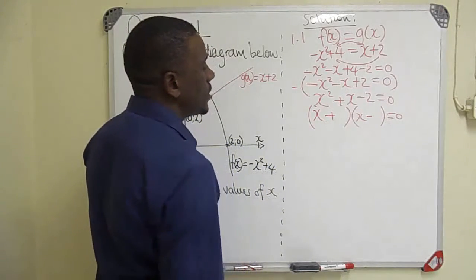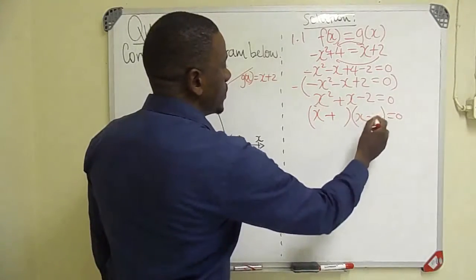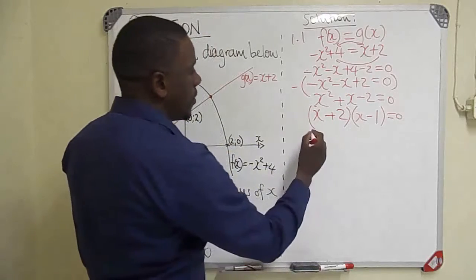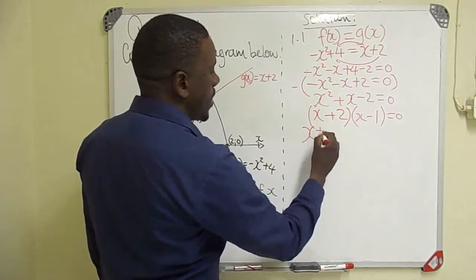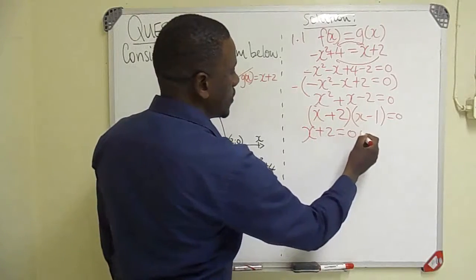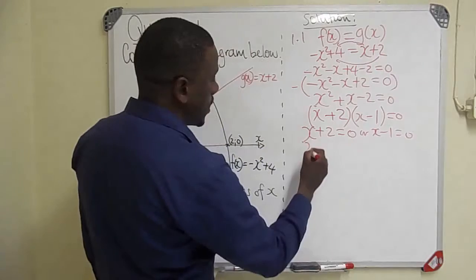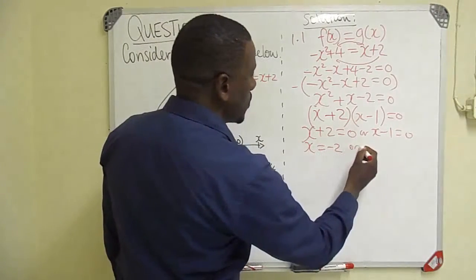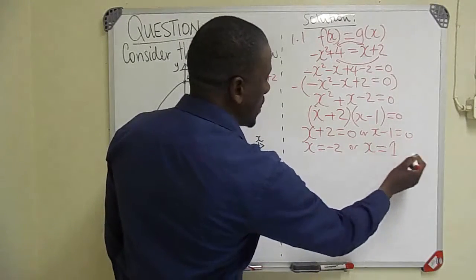The bigger value here takes a positive. So it's 2 and 1. So our x plus 2 is equal to 0, or x minus 1 equals 0. So our x is equal to minus 2, or x is equal to 1.